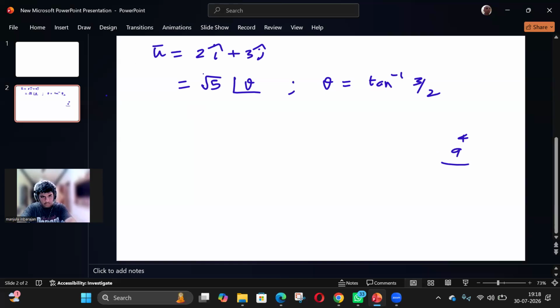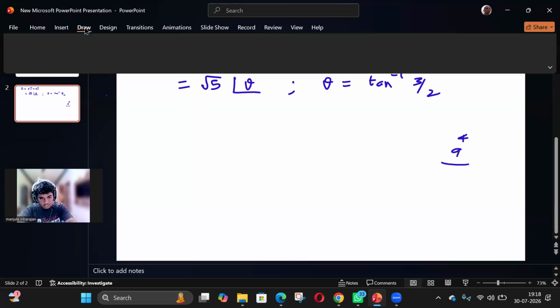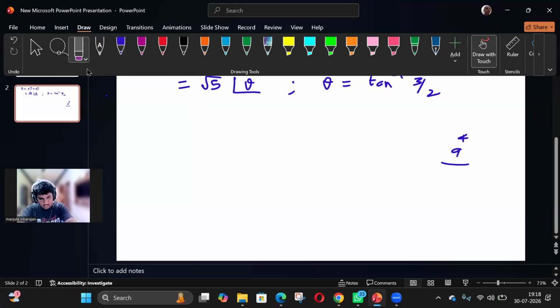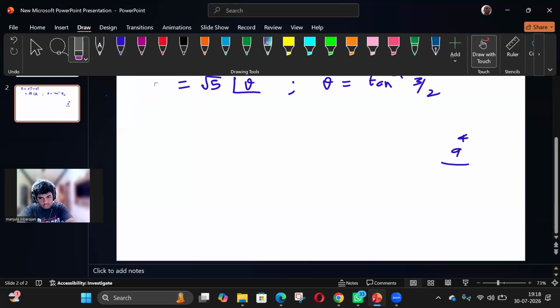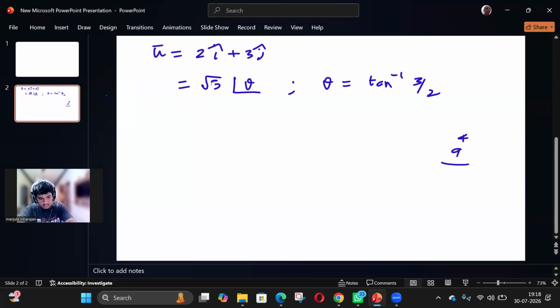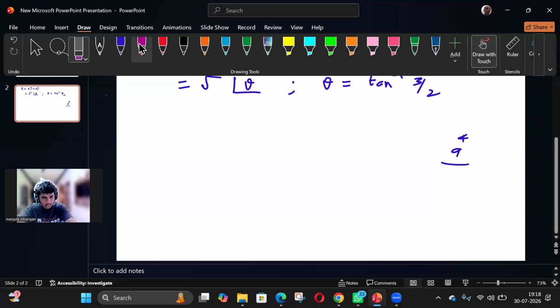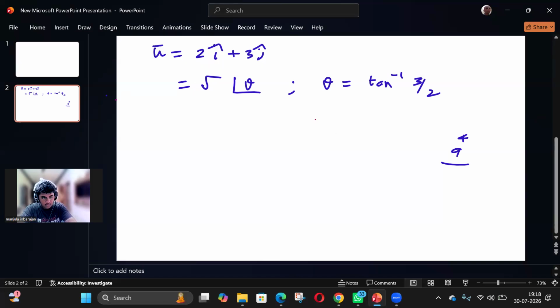So root 13, not root 5. So root 13, and 4 plus 9 is 13 only.